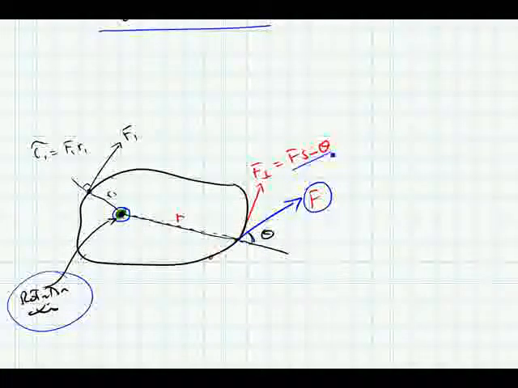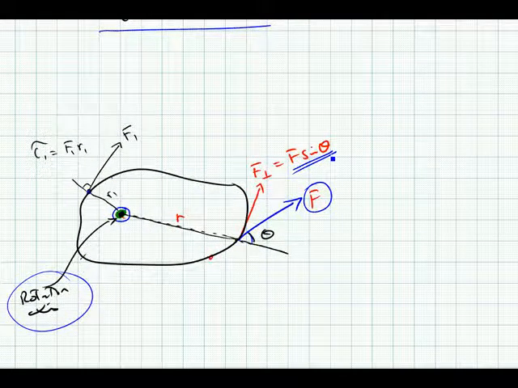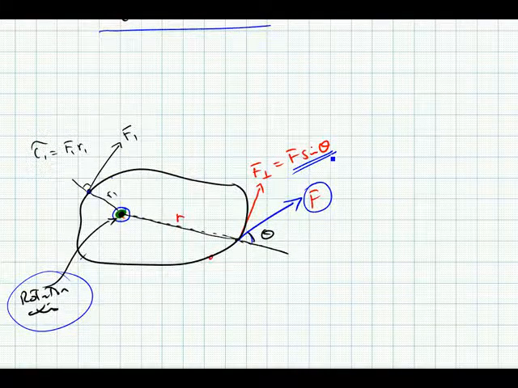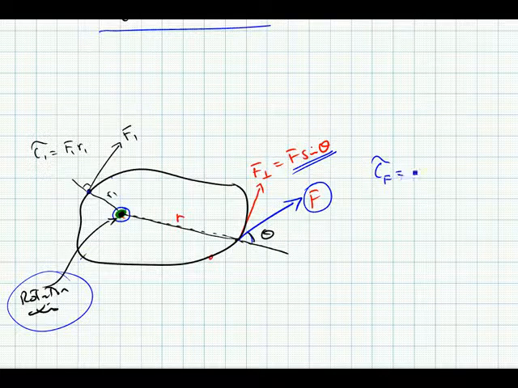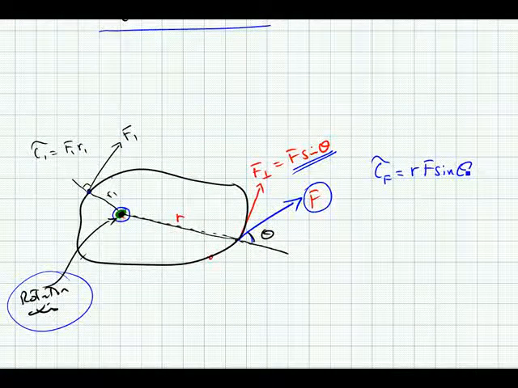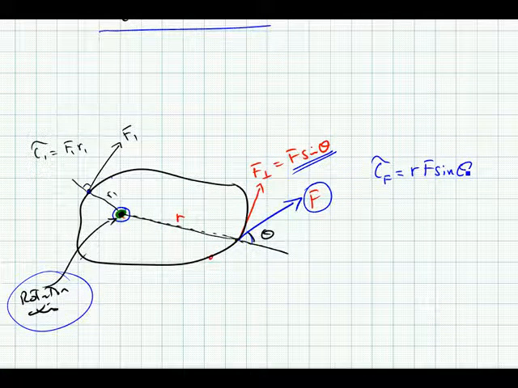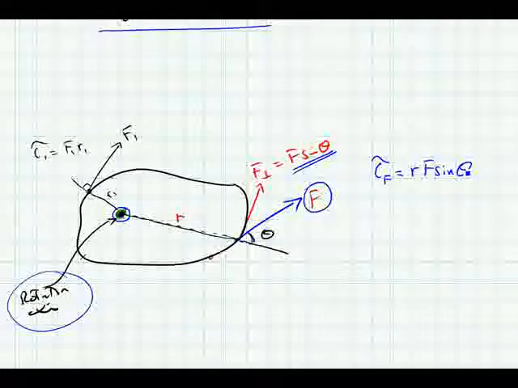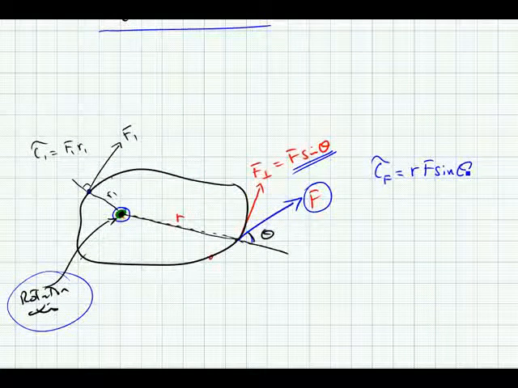Then it's F sine theta, which contributes to change in rotation, and the torque due to F is equal to r F sine theta. That's the magnitude of torque. Now this torque will cause a counterclockwise rotation, therefore it is a positive torque.